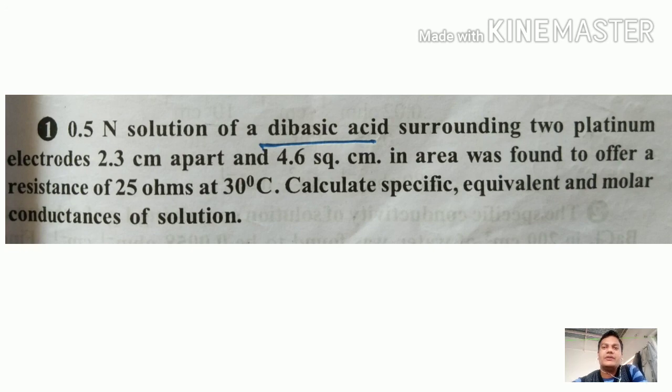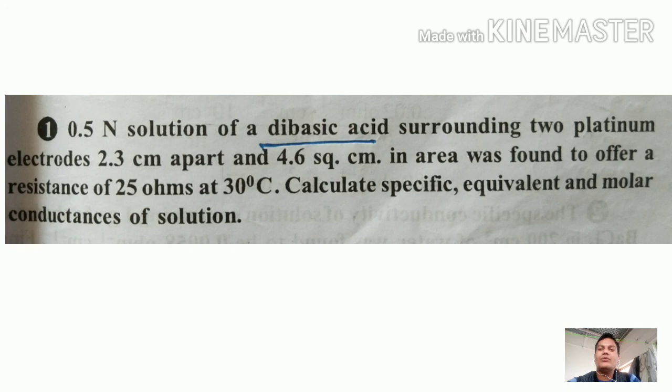Normality of solution is given, it is 0.5 normal. Two platinum electrodes, that means the distance between two electrodes is 2.3 cm and area of cross section is 4.6. And after giving this information, what we have to calculate? We have to calculate specific, equivalent and molar conductance.